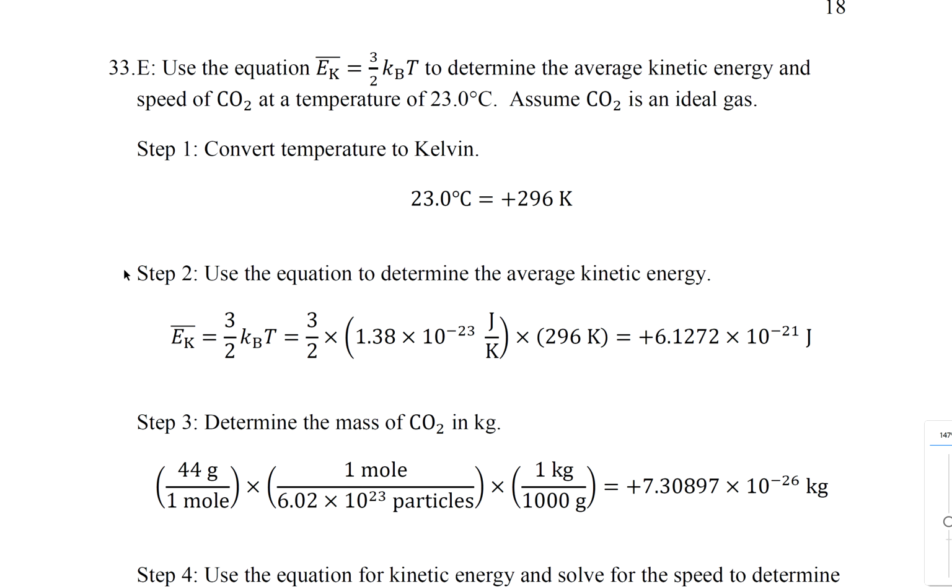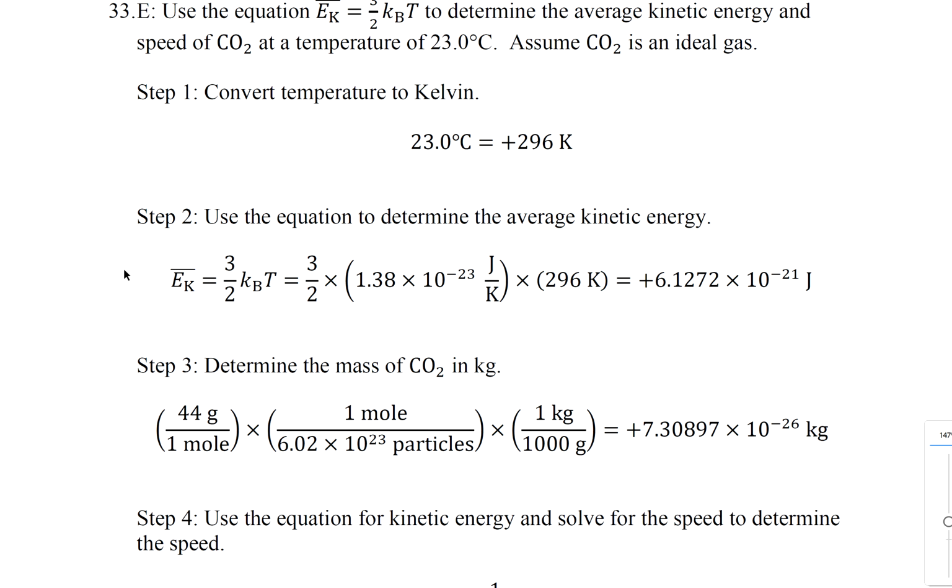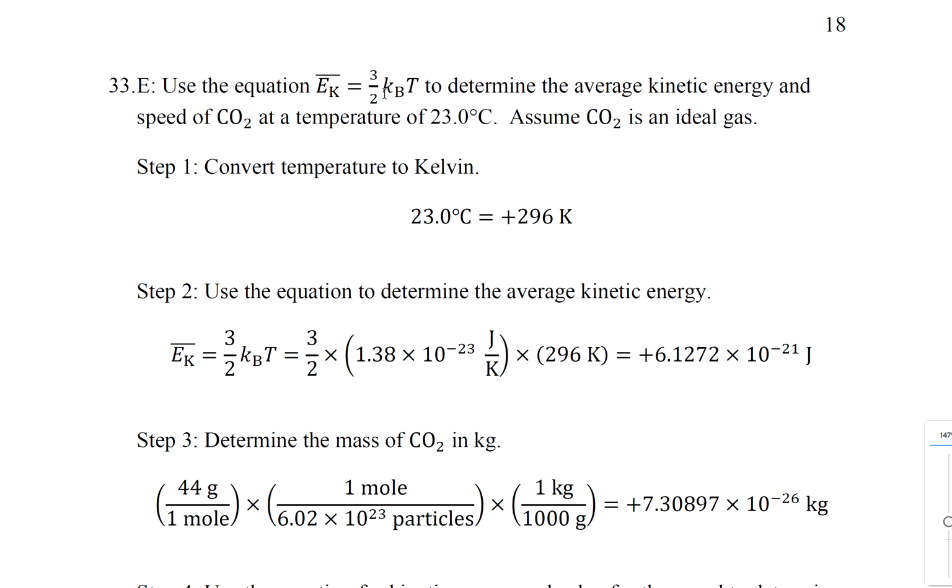Question 33. We're going to use the equation 3/2 k sub B T to determine the average kinetic energy and speed of CO2 at a temperature of 23 degrees, assuming CO2 is an ideal gas. So step 1, convert temperature to Kelvin. Step 2, let's use this equation to find the average kinetic energy, which is this.